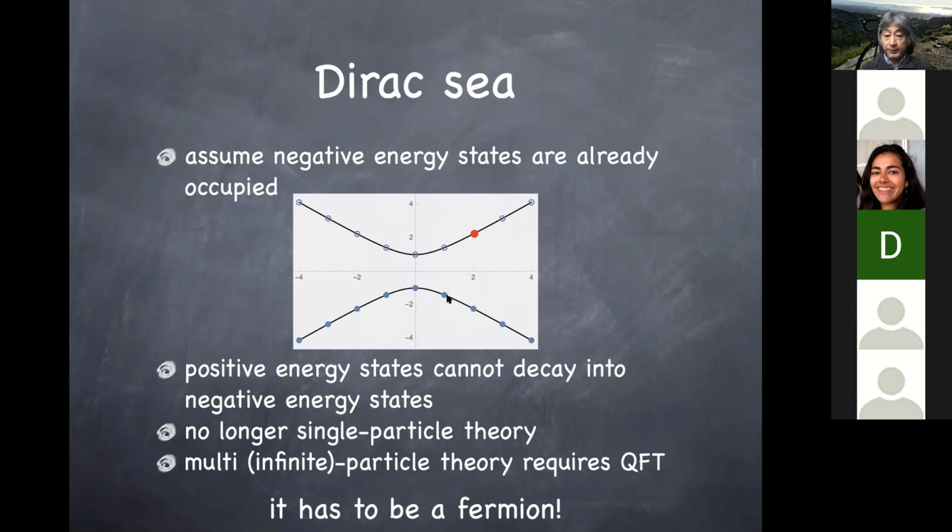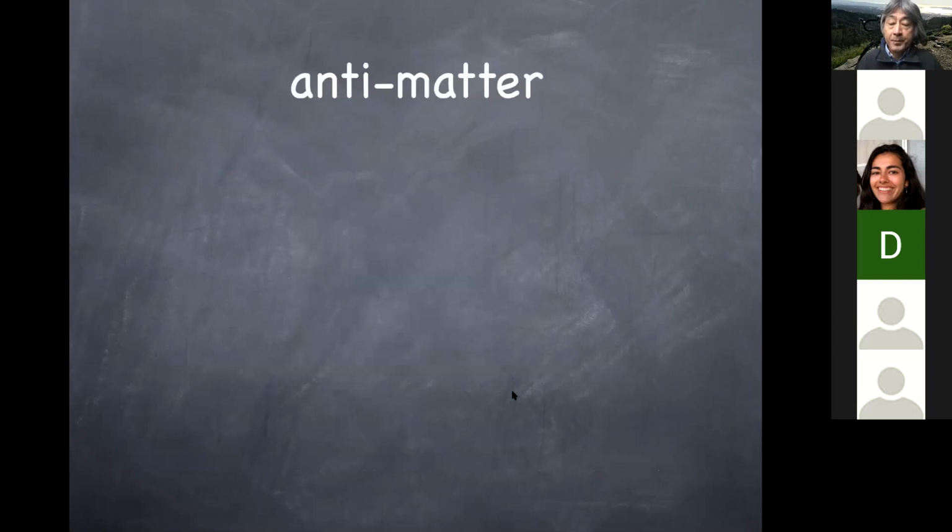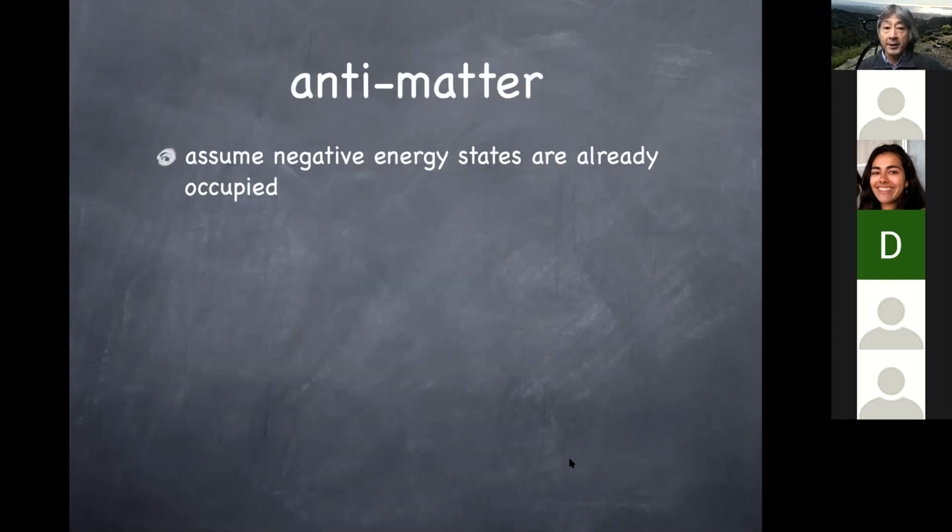Again, this is the review of the last time, so probably you are already getting familiar with the statement. And that led to this observation that antimatter is now being predicted once again. So we have seen that in Klein-Gordon theory. We are seeing this again in Dirac theory. And the prediction from Dirac theory actually came out first, chronologically, in the history of the development of quantum field theory.